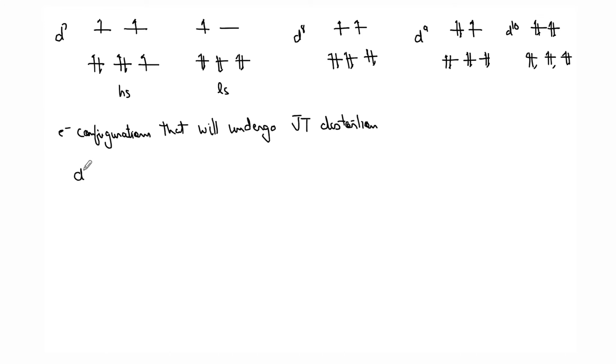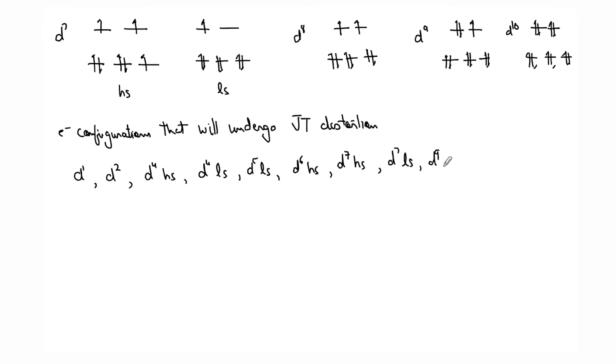We will have D1, D2, D4 high spin, then D4 low spin will also undergo, then D5 low spin, D6 high spin, D7 high spin, and D7 low spin will also undergo, and I think D9. Others will not undergo Jahn-Teller distortion.